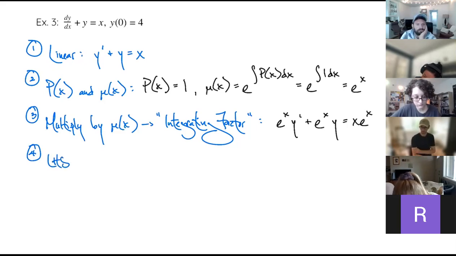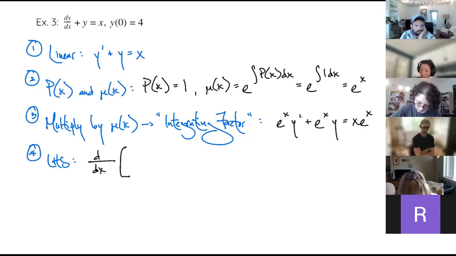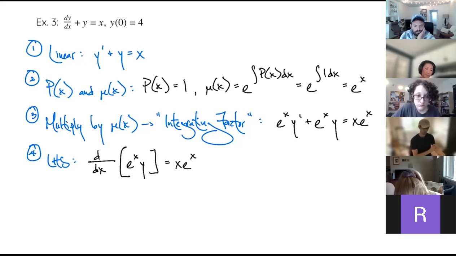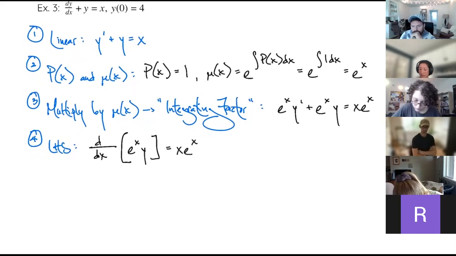So this left-hand side turns out to be the derivative of e to the x times y, and that's going to equal x e to the x. Okay. Now we have to integrate. And when we integrate, that d dx is going to go away, and we're only going to have e to the x times y on that left-hand side.